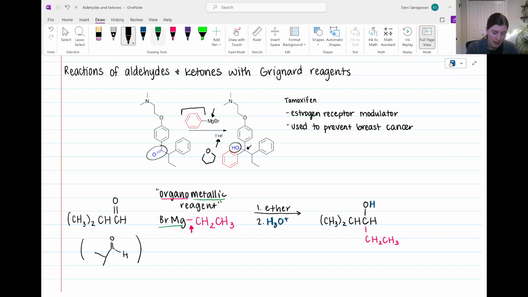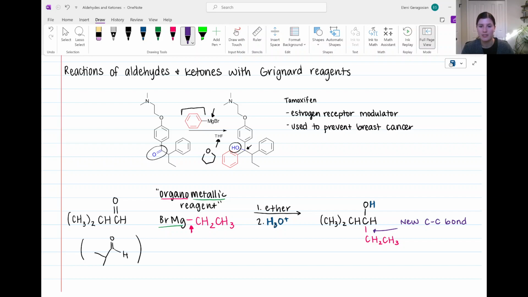So the reason why these reactions and organometallic reagents are so useful is that we are creating a new carbon-to-carbon bond. And that is really useful in industry. We can extend molecules to be much larger, longer carbon chains. A lot of the reactions that we've talked about so far, especially for aldehydes and ketones, we're not adding a new carbon-to-carbon chain. We're adding an alcohol group or an alkoxy group, something like that.